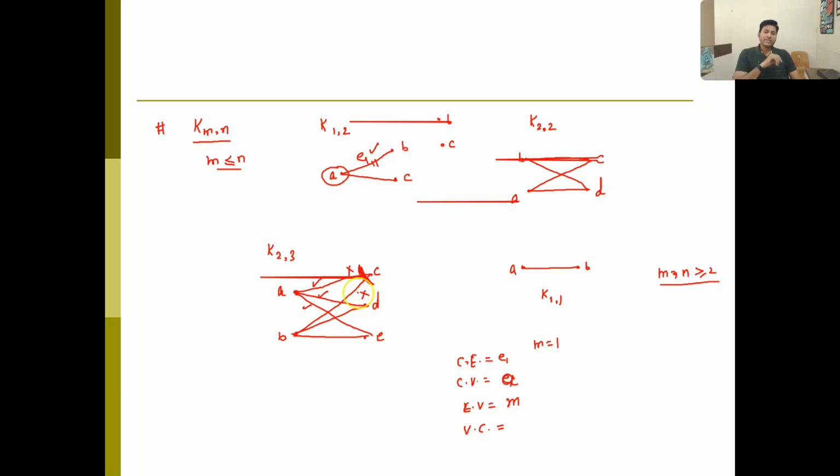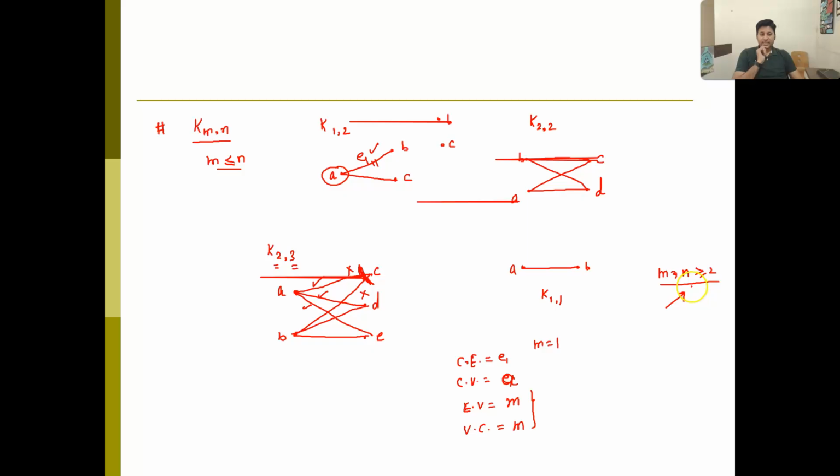By removing 2, it is also disconnected. By removing 1, it is not disconnected. So the minimum one is 2, which is the minimum of 2 and 3. So in KMN, edge connectivity as well as vertex connectivity is always the minimum of M and N when M and N are greater than or equal to 2. Cut edge and cut vertex will not exist in this case.